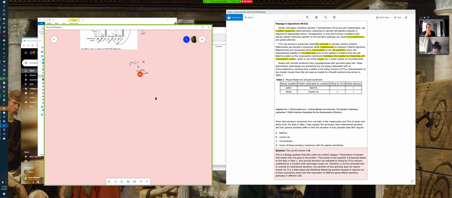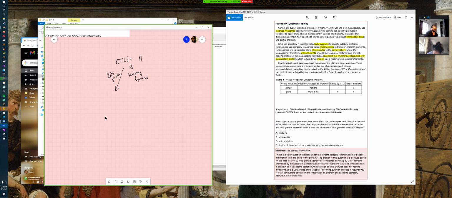All right. Now, how do they differ? So CTLs use ones that are called lytic granules, which secrete cytolytic proteins.